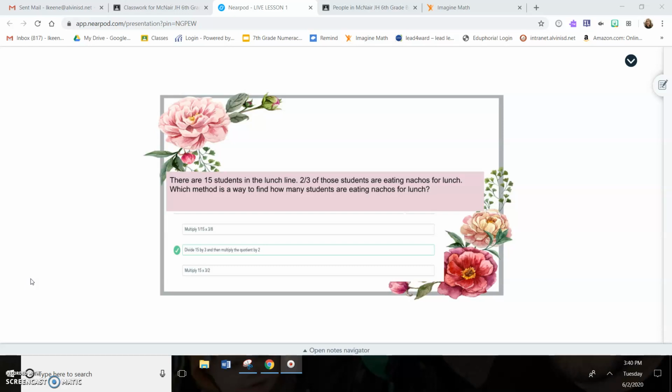The next one says to divide 15 by 3, which would be 5, and then multiply the quotient by 2. Well, 5 times 2 is equal to 10. I have 10 students that are eating nachos for lunch, so I'm going to put a dot by B and come back to it. Then the last answer choice, which I would call C, is 15 over 1 times 3 over 2.